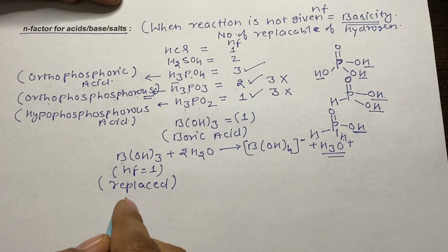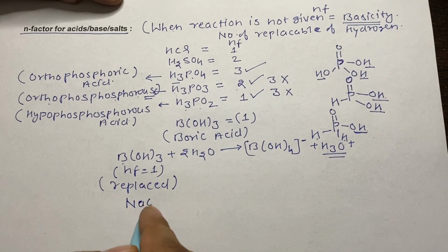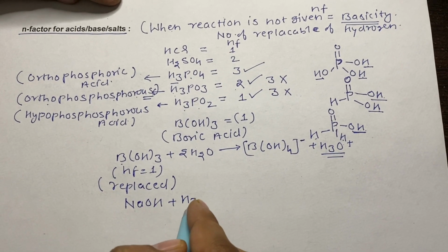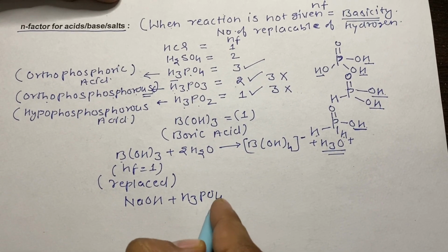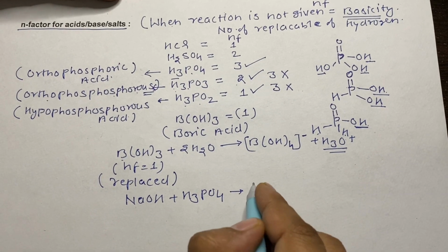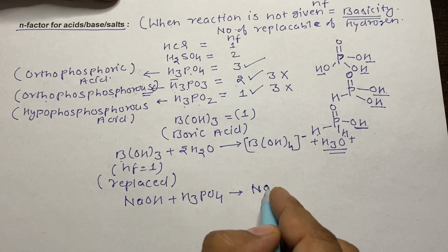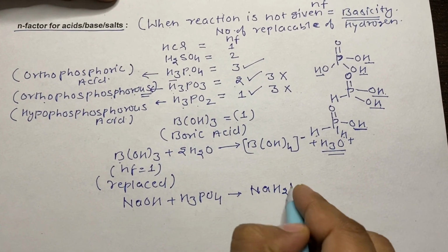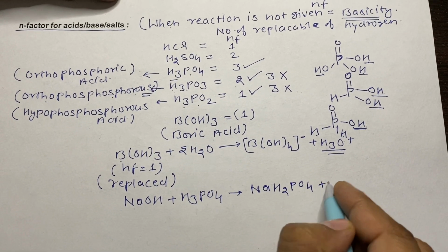For example, when NaOH reacts with H3PO4, which is orthophosphoric acid, this will give NaH2PO4 plus water.